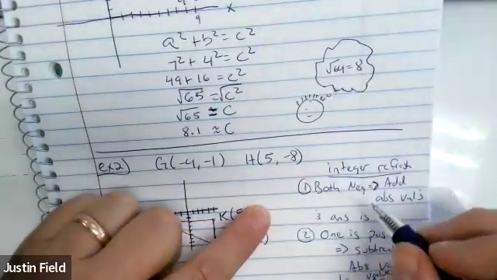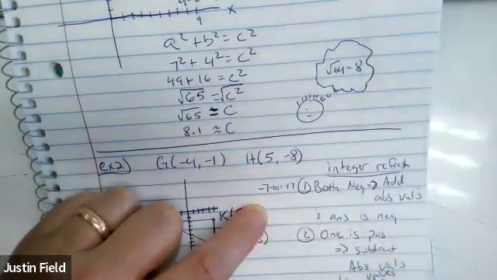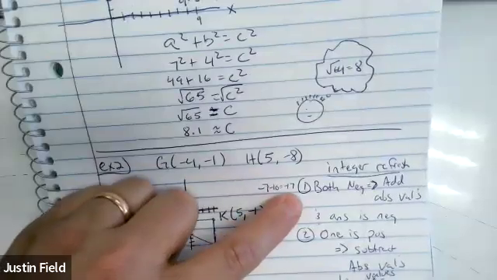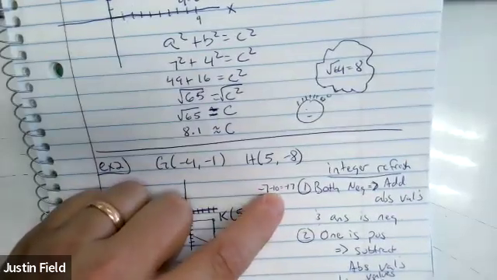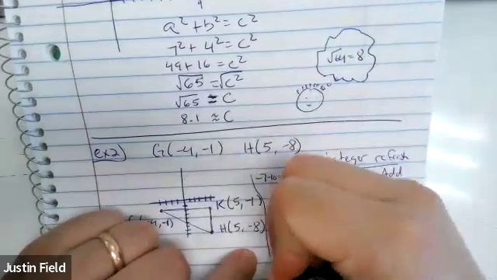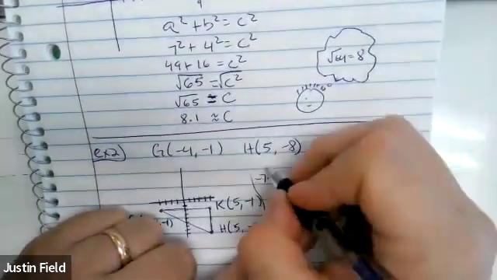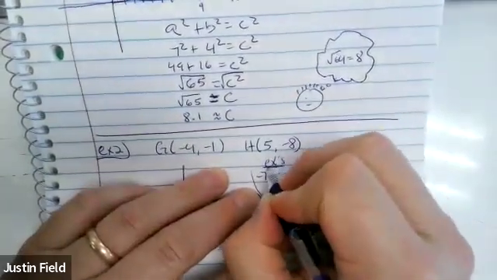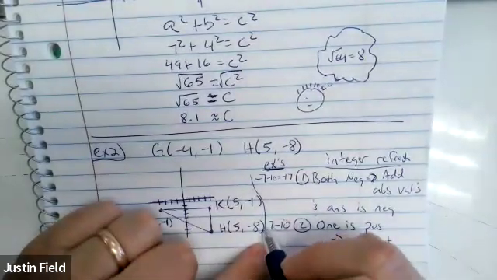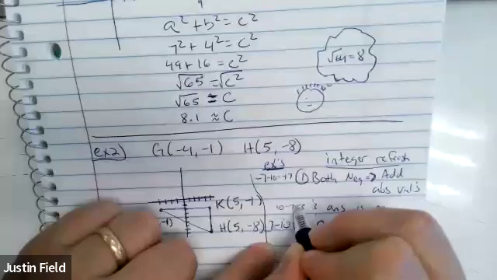So let's put examples here. An example for number 1: -7 minus 10 is -17. Two negatives, -7 and negative 10, so 7 plus 10 is 17, so the answer is negative 17. Here's an example where one is positive: 7 minus 10. Now we have a negative 10 and a positive 7. In my head, I'm going to do 10 minus 7, which is 3.